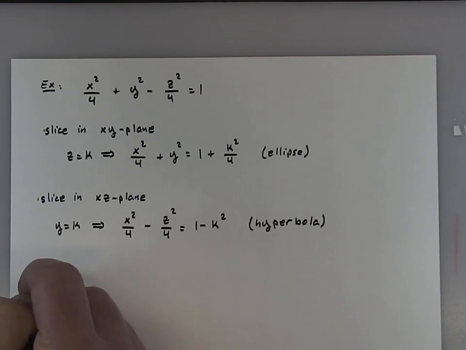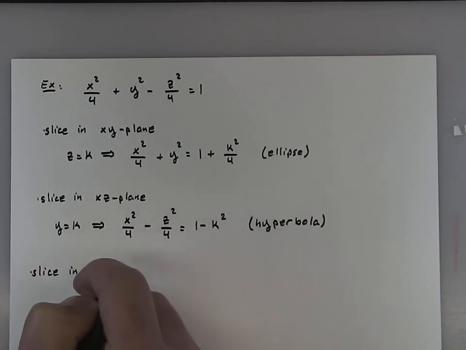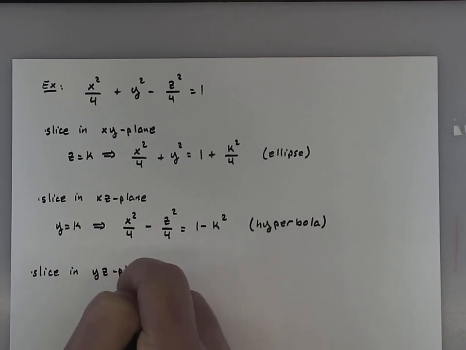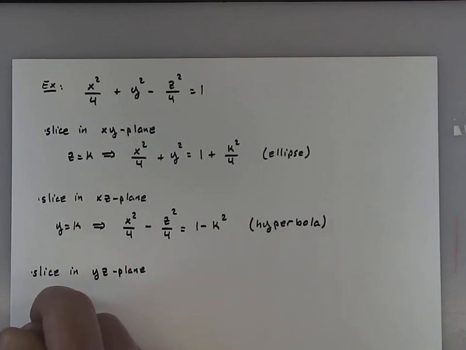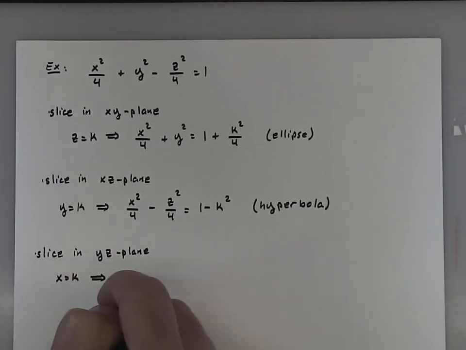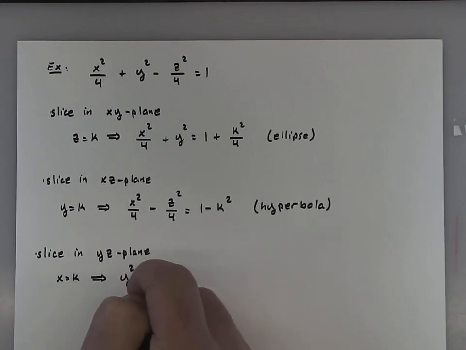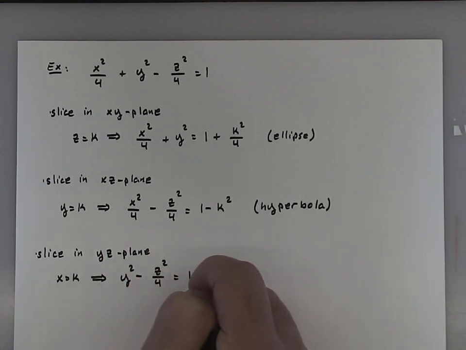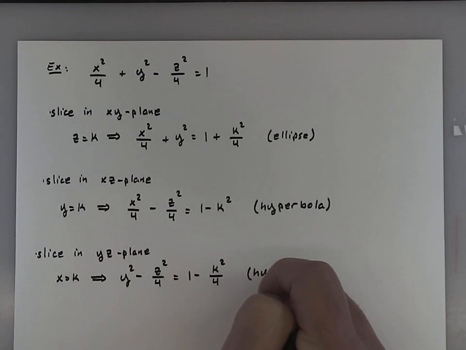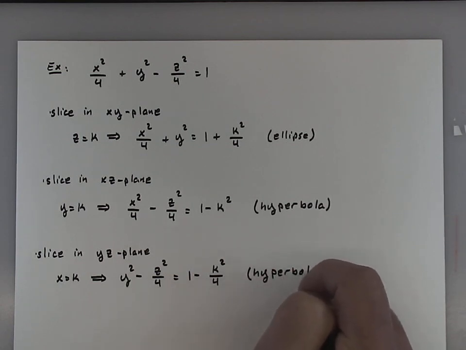And then last, a slice in the yz plane, which means x is a constant, so this equation becomes y squared minus z squared over 4 equals 1 minus k squared over 4, which is also a hyperbola.